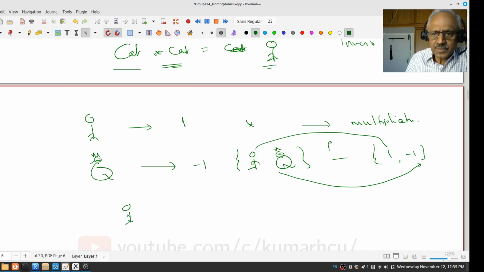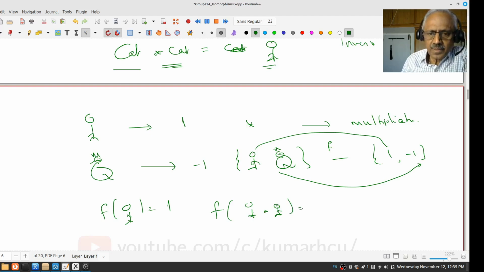Call this function f. Then what will be f of this? This is 1. Let's look at man star man. That is nothing other than f of man, because this is the identity by definition, and f of identity is 1.